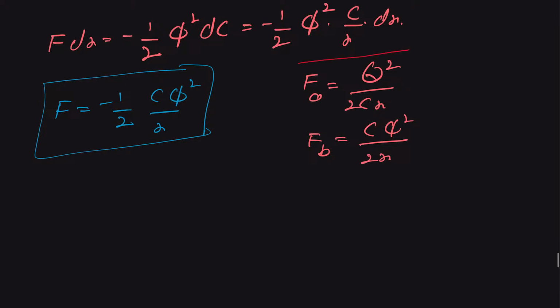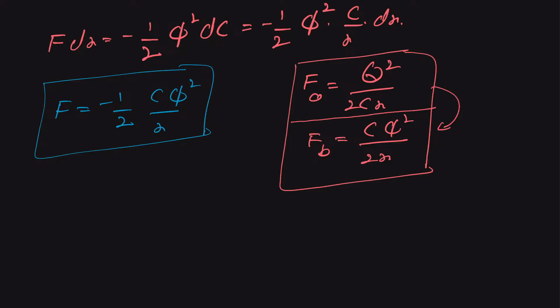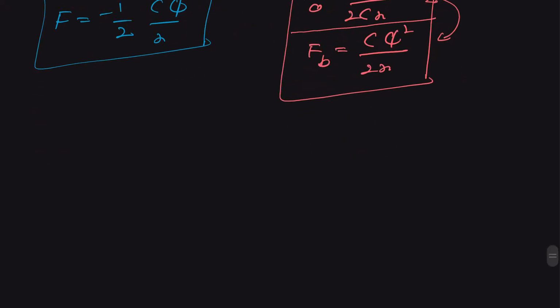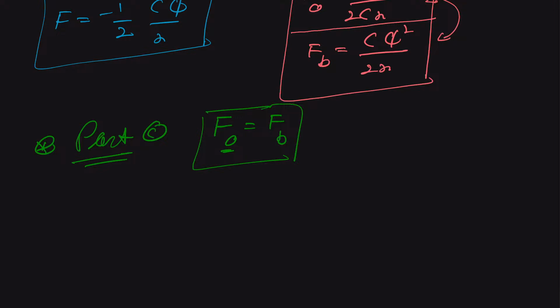So we got these two values of forces, and we have to prove that they are equal with each other. Okay. So in part C, we have to prove that forces are equal. We have to prove F of A that we got in option A will be equal to the force which we got in option B.